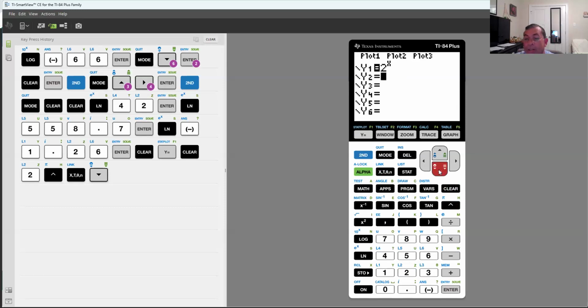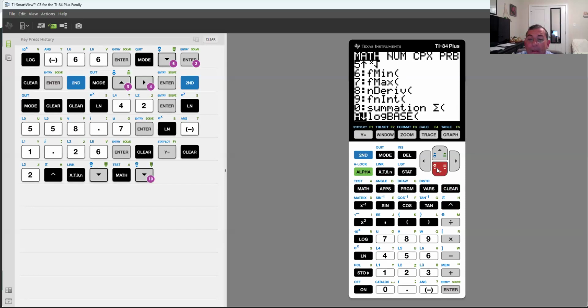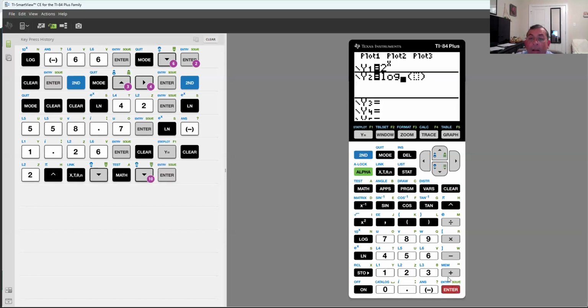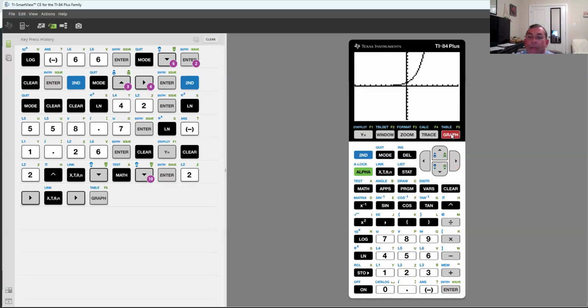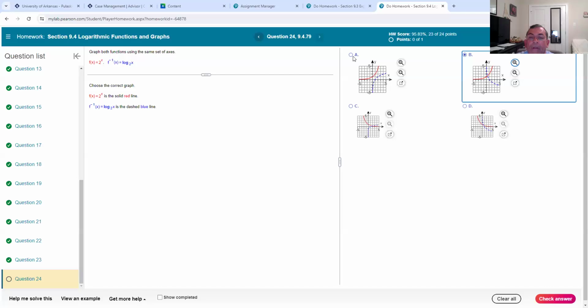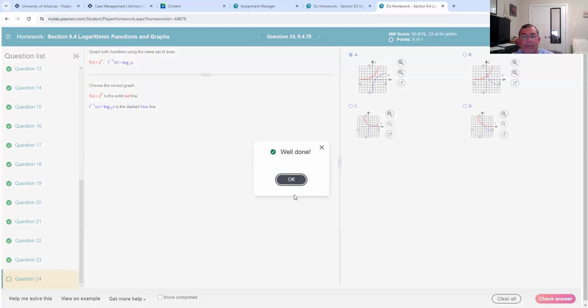That was a log base 2 of x. So hit math and go get that log base. So the base was a 2, and then you got your x. So watch when I hit graph. There's my exponential, there's my logarithmic. And y'all, that looks pretty much like that A we were looking at. So you click A and check that answer.